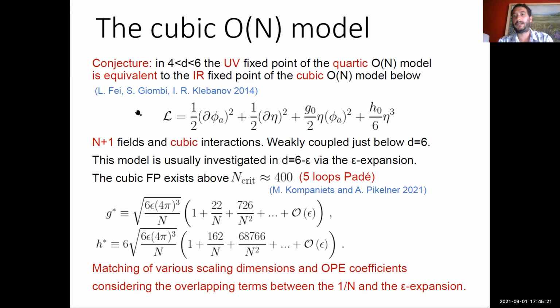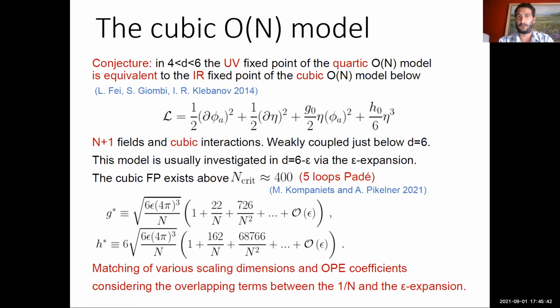This is a model with O(N) symmetry. Again, it has N+1 fields, so it has an O(N) vector plus a singlet field, η, which interact with cubic interactions, and we refer to this theory as the cubic model.